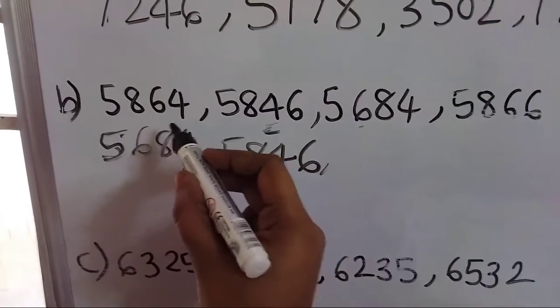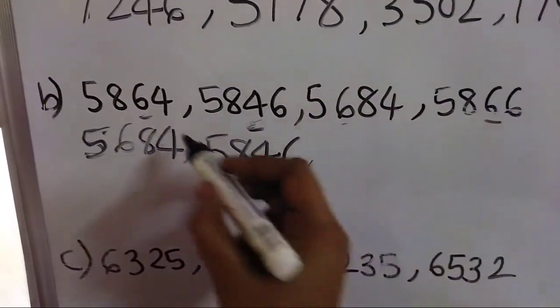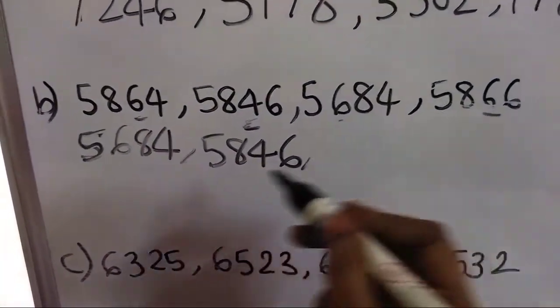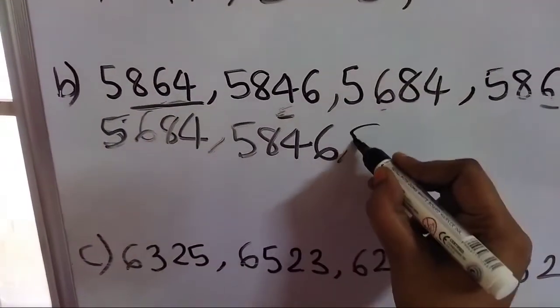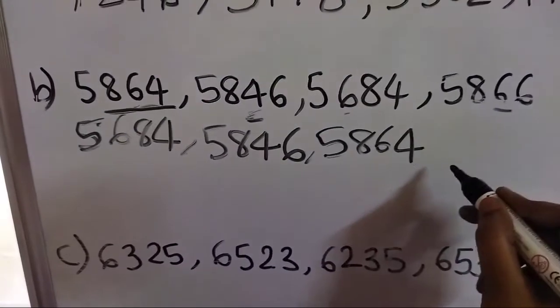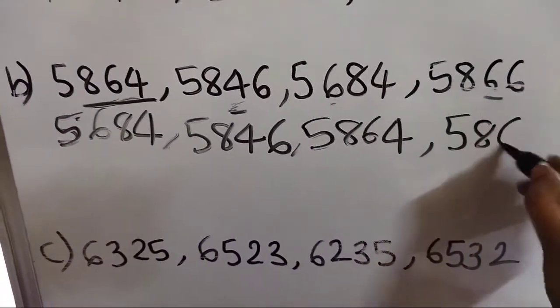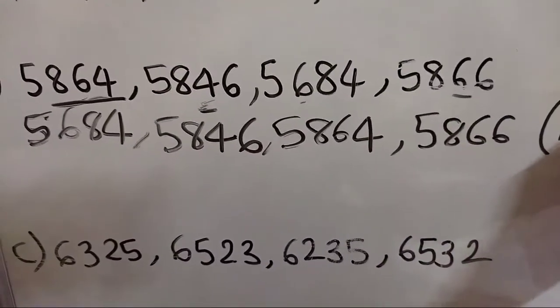For the next smallest number, tens place is the same in the remaining two numbers, so we go to ones place. In ones place, what is the smallest digit? So we write 5864. The last remaining number is 5866. This is the ascending order of these numbers.